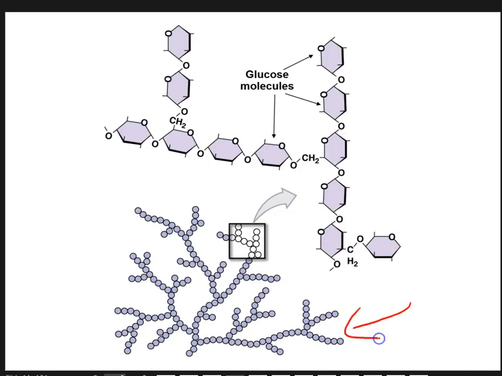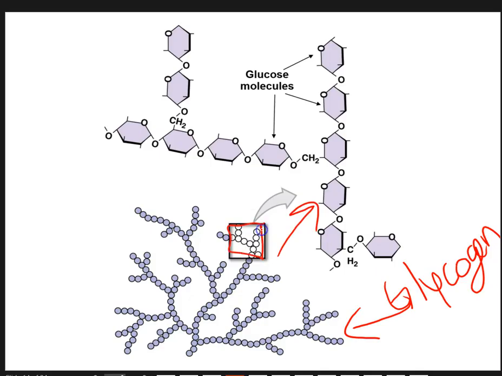This is glycogen, the way we store glucose. Now, this is a big, huge molecule, right? This up here is taking just this one little tiny part of it and blowing it up so you can actually see the atoms that are here. But each one of these tiny circles is showing you a glucose.